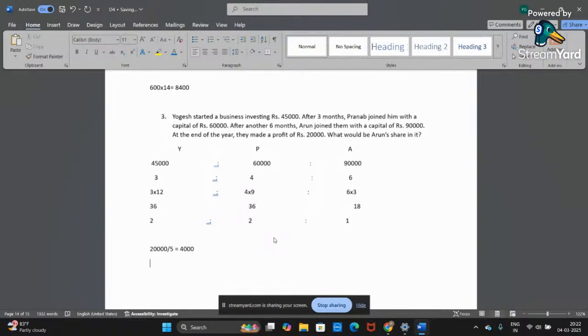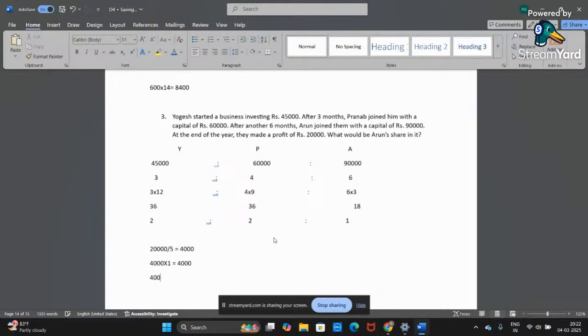So we have to multiply this 4,000 with his ratio. What is his ratio? Arun's ratio is 1. So his profit is 4,000. If you want to find Pranav's share, what you have to do?